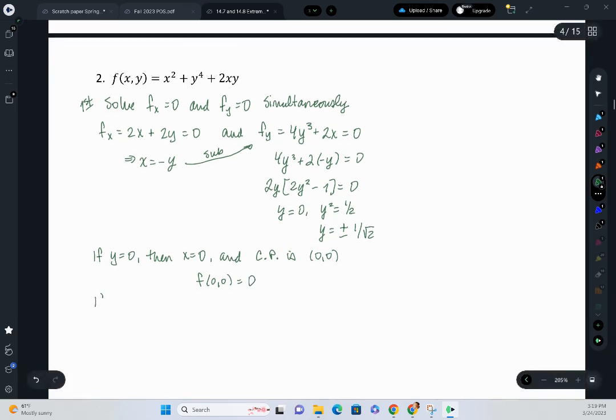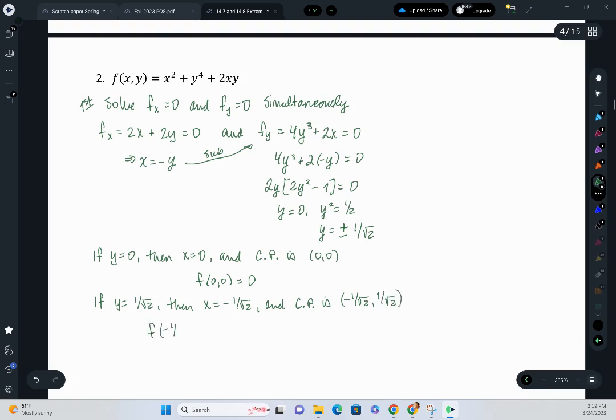If y equals a positive 1 over square root 2, then x equals a negative 1 over square root of 2 because x is equal to negative y. And the critical point is negative 1 over square root of 2 with positive 1 over square root of 2.